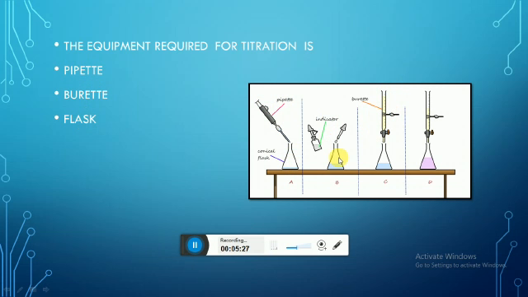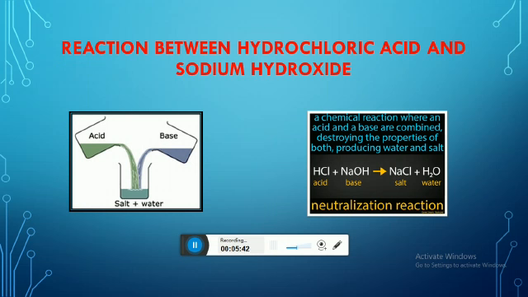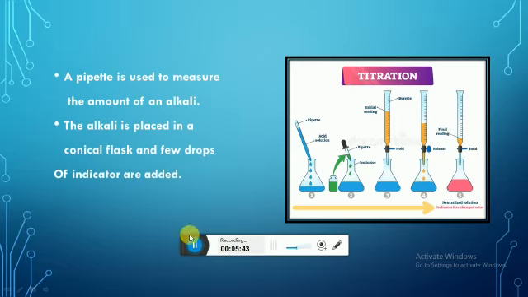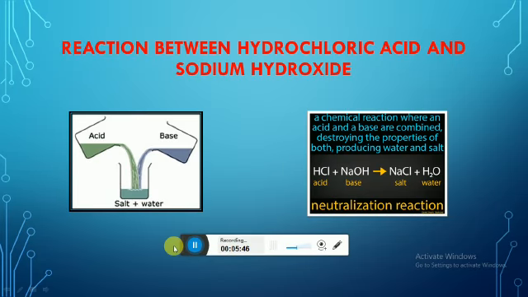Now the question is, what will we do? If you remember the first method, as I told you earlier, through the first method we can discuss titration, when hydrochloric acid, HCl, and sodium hydroxide, NaOH, which behaves as an alkali, are added together, they give us salt.